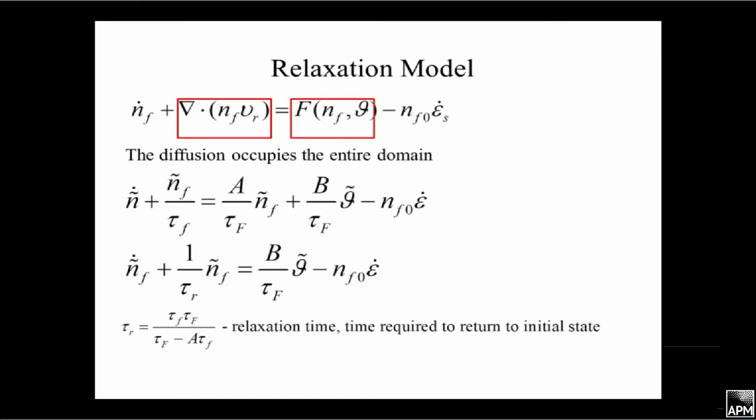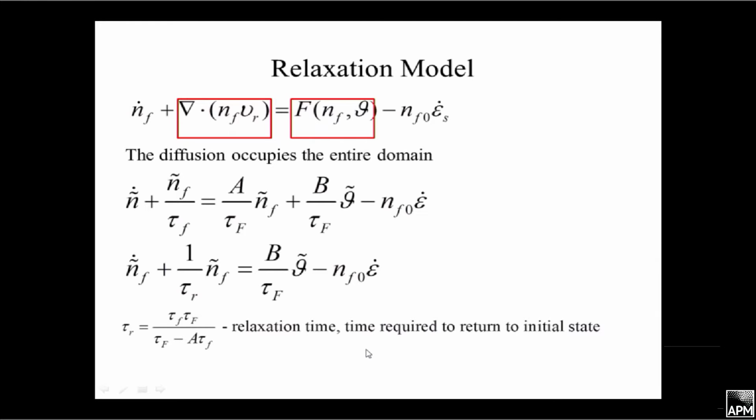If the diffusion occupies the entire domain, I mean if we do not take it into account now, then we can consider a relaxation model. In the framework of linear theory, we can obtain this equation. Here, tau is a relaxation time.